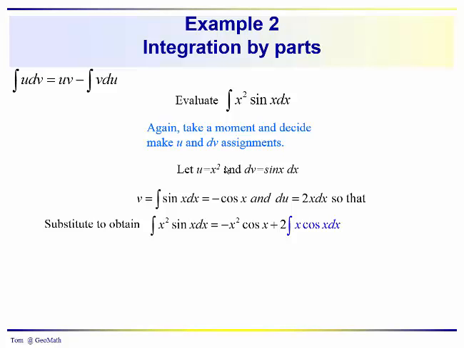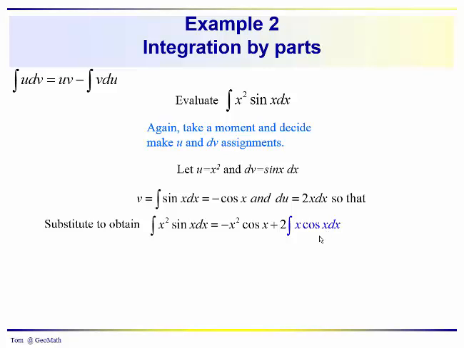If we let u equal x squared and dv equal sine x dx, then v is going to be the integral of sine x dx, which is minus cosine x, and du will be equal to 2x dx. So if we substitute back into this relationship over here, we get minus x squared cosine x plus the integral of 2x cosine x dx.